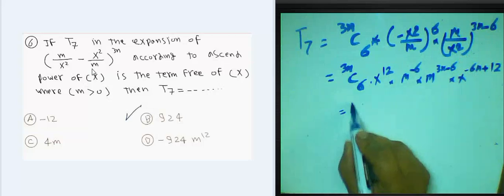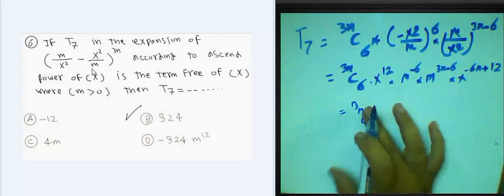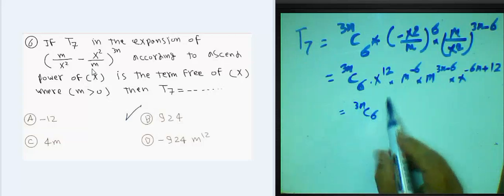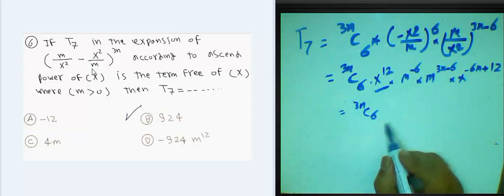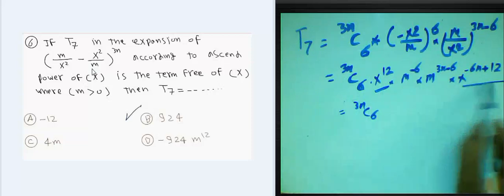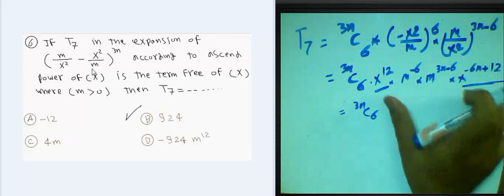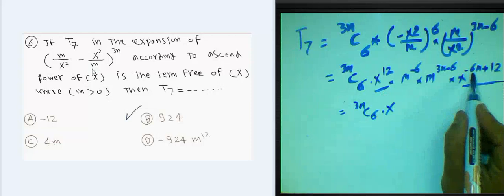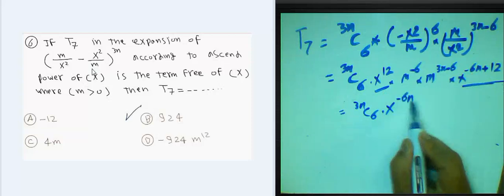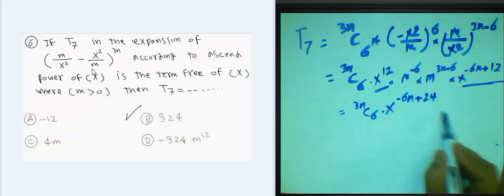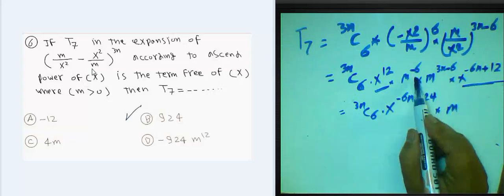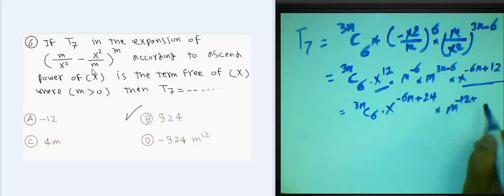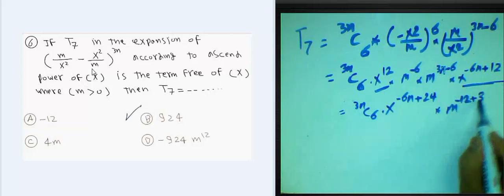Then we can write it in the simplest form: 3n combination 6, x to the power 12, and x to the power negative 6n plus 12. We can add the powers because we have the same base. x to the power negative 6n plus 12 gives x to the power negative 6n plus 24, multiplied by m to the power negative 6 plus negative 6, which is negative 12, plus 3n.